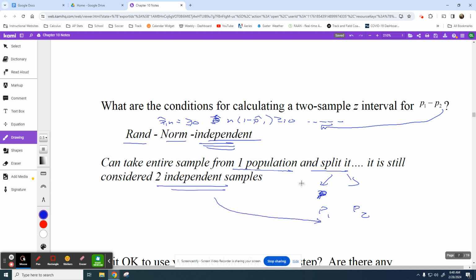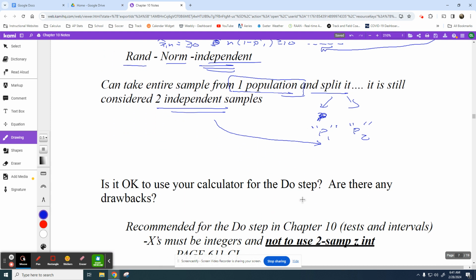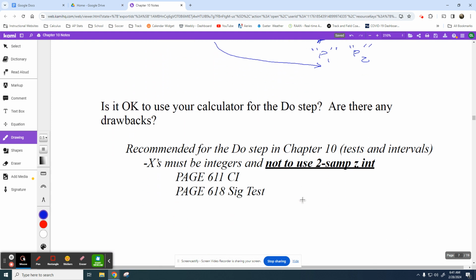Technically, what we're saying is that this is the proportion from population 1 and this is the proportion from population 2. That doesn't always happen. It can be from one population split into two different "populations." I'm doing quotations with my fingers in front of you right now, and you just can't see it. Yes, it's definitely okay.